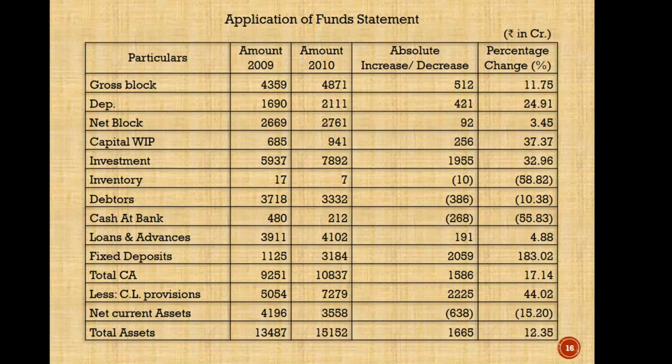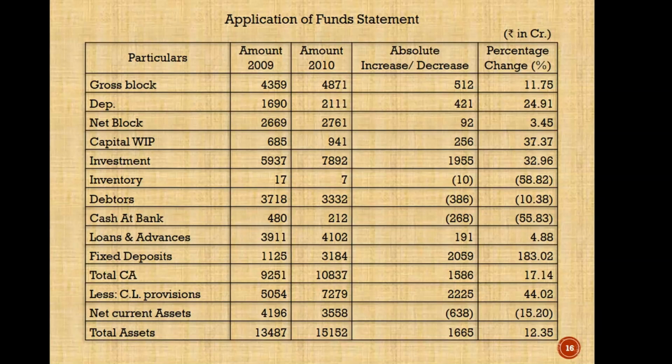Then we add two additional columns which are very important for us, which will help us understand the percentage increase or decrease in the given item. Absolute increase and decrease tells us how much more amount has been invested, or how much less is utilized in that particular year for a particular asset.